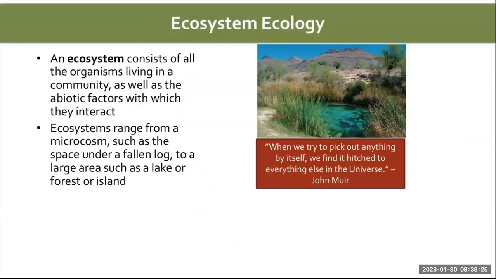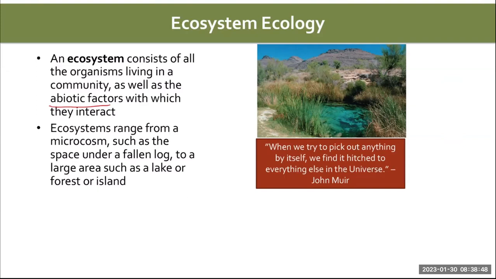Okay, so I spoke ahead a little bit in terms of defining ecosystems. But once again, at the ecosystem level, we're considering all of the organisms living in a community, in addition to the physical environment, the abiotic factors that they depend on or interact with.